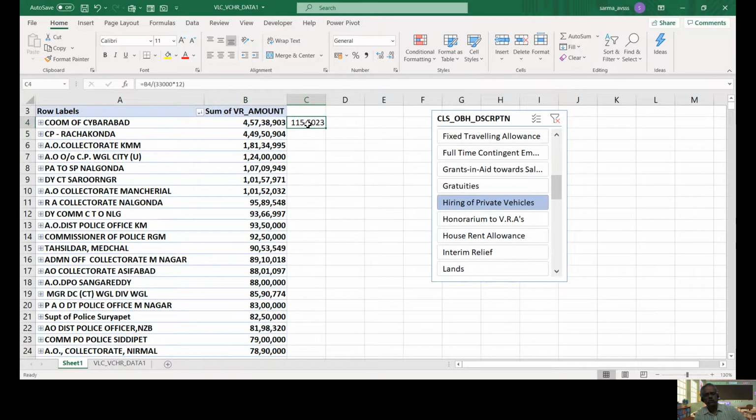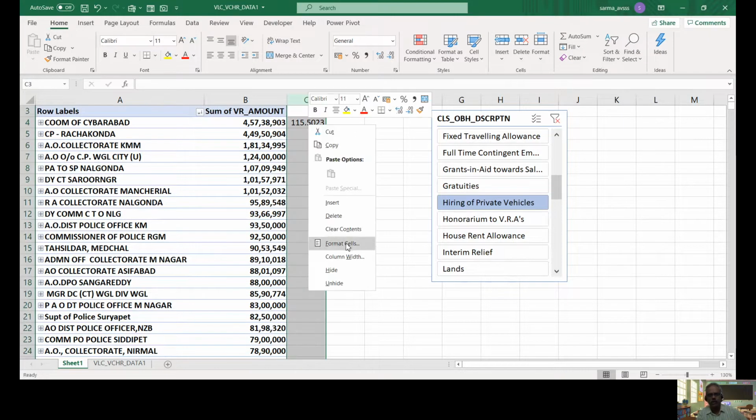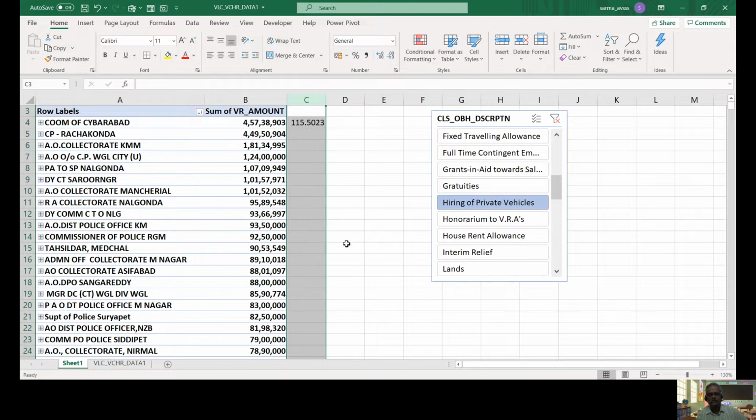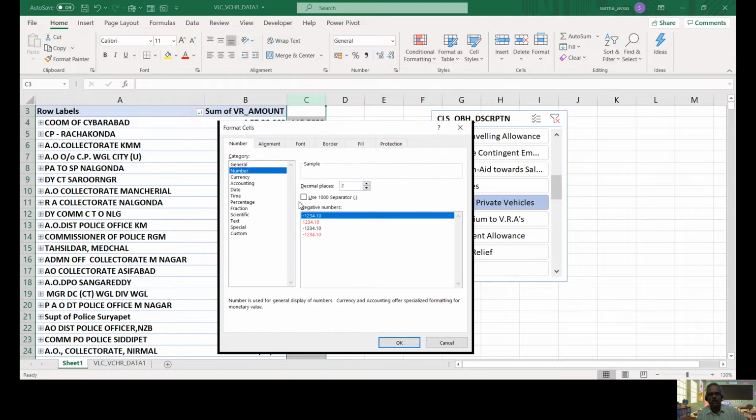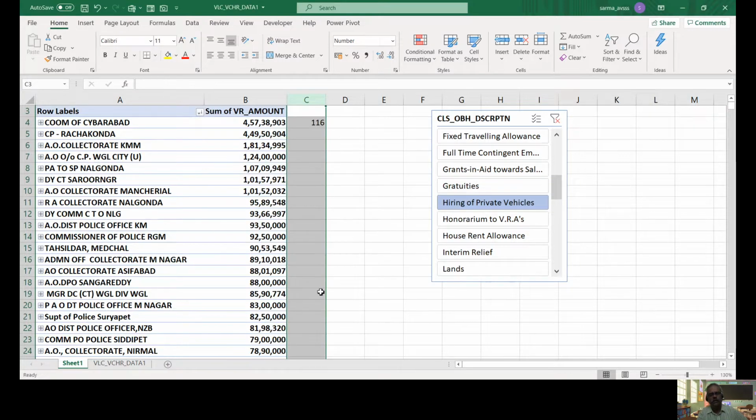Of course, we can format the numbers. I'm formatting because the decimals are not required, so I kept this as a number and removed these decimals. So approximately 116 vehicles they have hired.